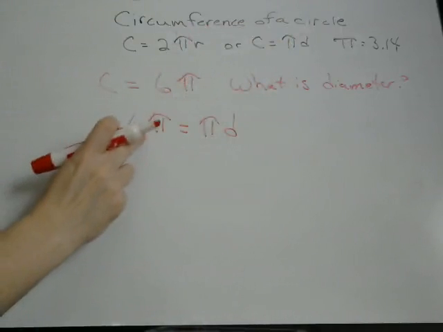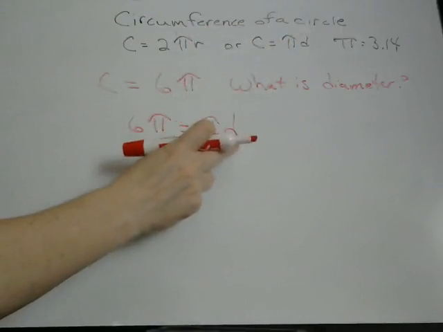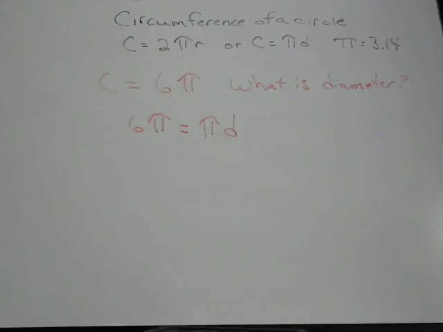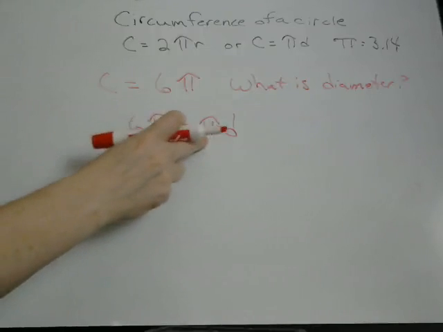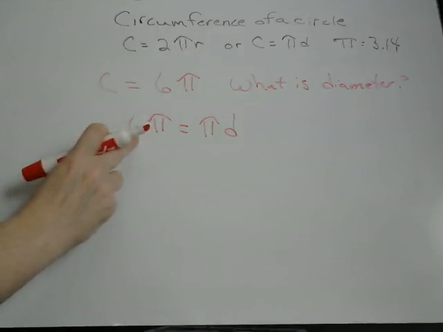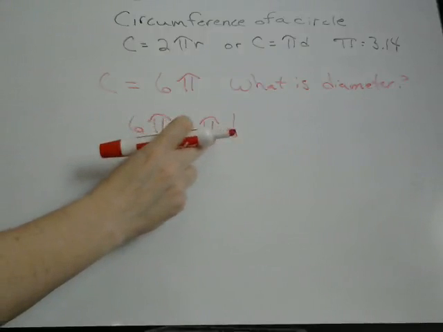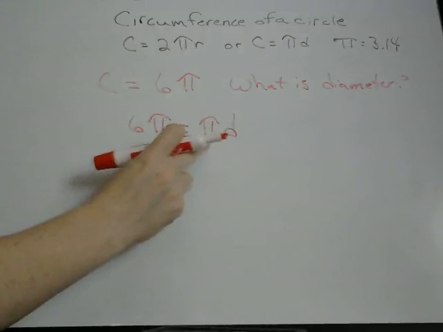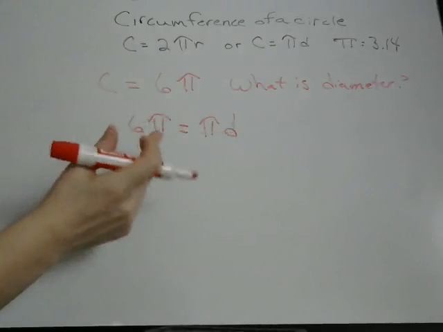Now, you can actually multiply all this out and you'll get the right answer. You can put 3.14 in for this. But if you look at this, this is actually a pretty easy problem to solve, because you have 6 pi equals what times pi? Well, it has to be 6.